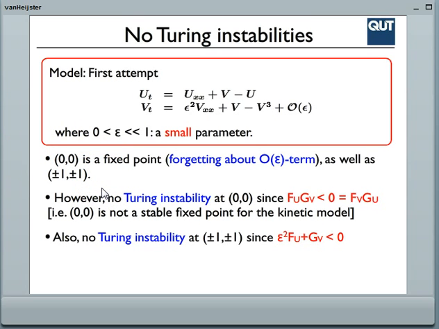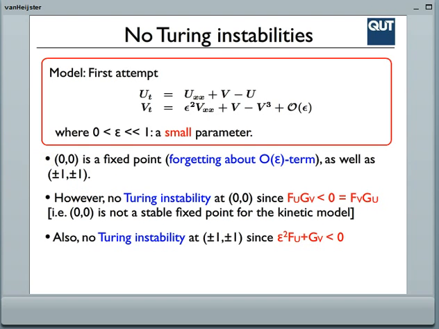Quite often, if you determine a ratio, it is like 10 to the power 5, 10 to the power 20, or 10 to the power minus 10. So it's reasonable to take one of them to be small. You just have one species really fast, another one diffusing very slowly. But I will come back to this a little bit later.